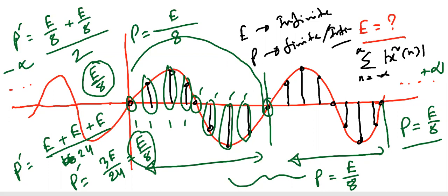Is that clear? A periodic signal, whether it has the time duration from minus infinity to plus infinity, is a power signal, and that is true for each and every case.